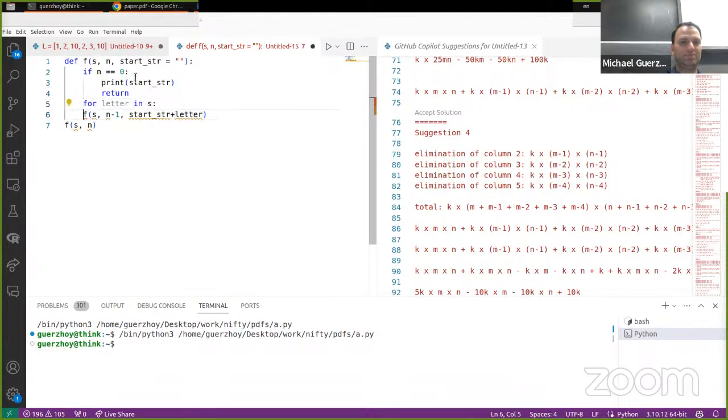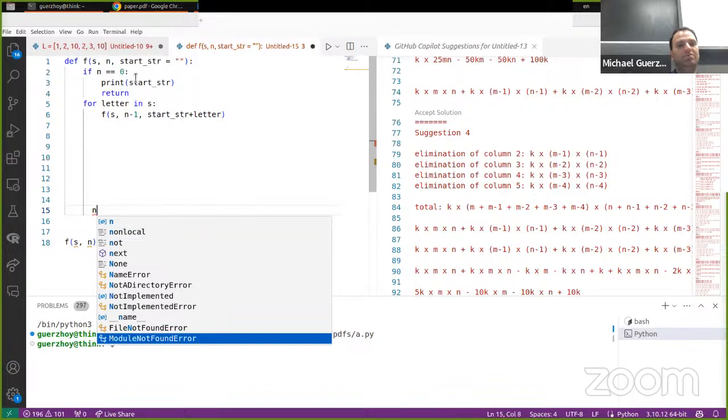Really good opportunity. Okay, so what happens here? Here the n changes, the s stays the same. So we call it with Sn.